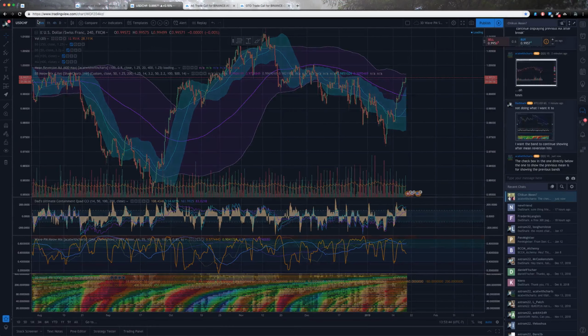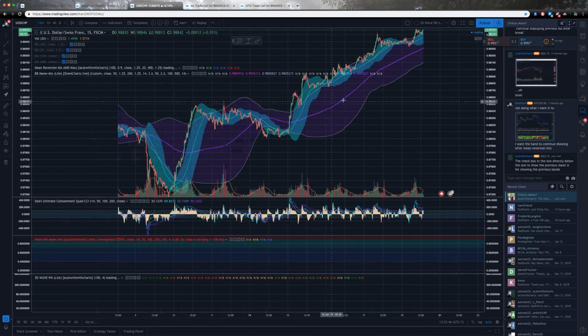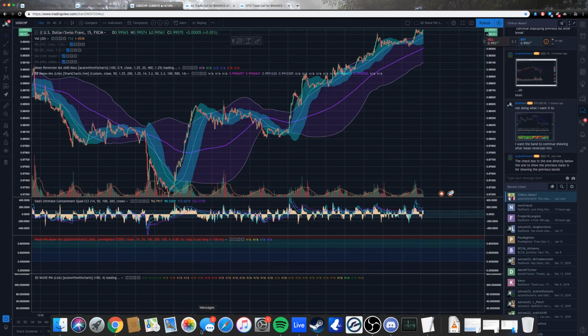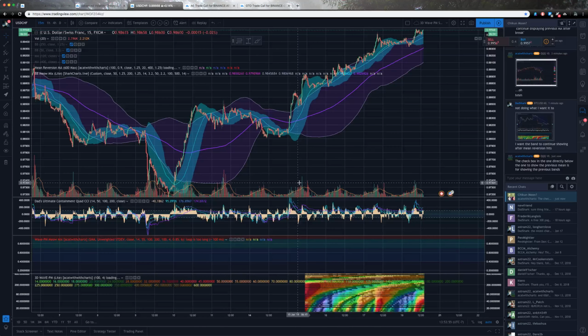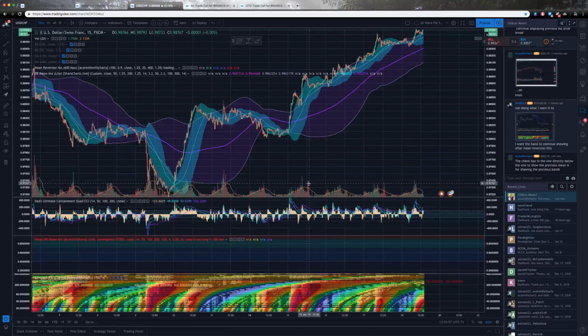Sure, we can probably trade some short-term over-expansion on the 15-minute. But you know, the volatility overhead's actually technically already dissipated.